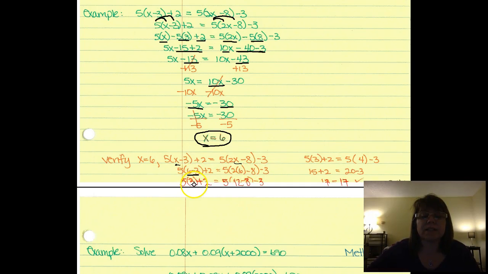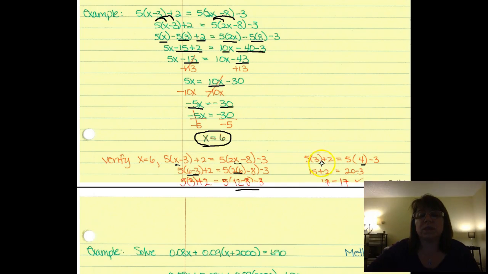6 minus 3 is 3. So now I have 2 times 6 on the right-hand side is 12. So I have 5 times 3 plus 2. Does that equal 5 times the quantity 12 minus 8, minus 3? Well, 12 minus 8 is 4.